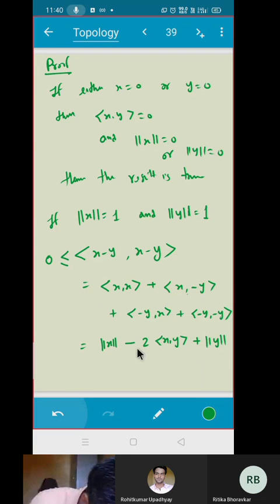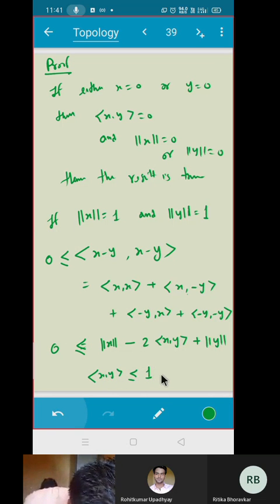Okay. Now, what is norm x and norm y in this case? 1 and 1, correct. If I take this minus 2 times the inner product to the other side, I'm done actually. I'm already having 0 less than or equal to this one. So if I take this minus term here, I'll be having inner product of x comma y less than or equal to 1.